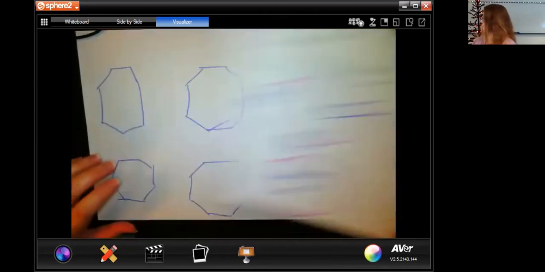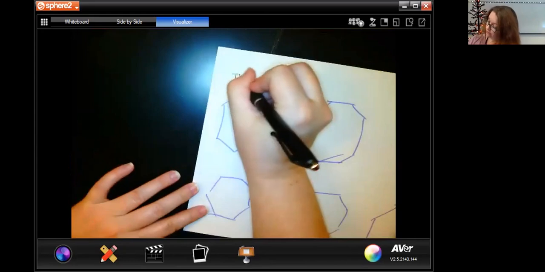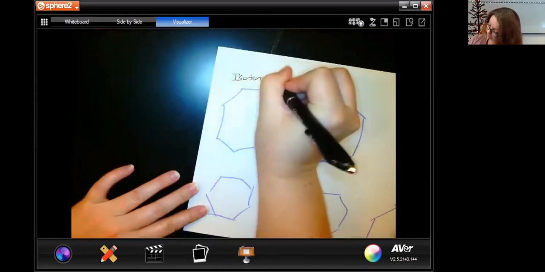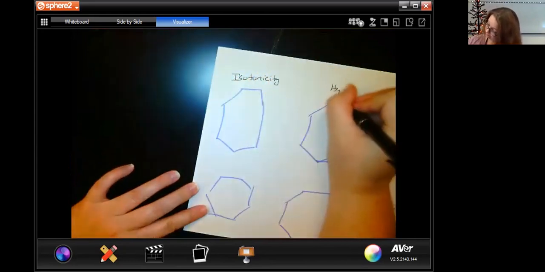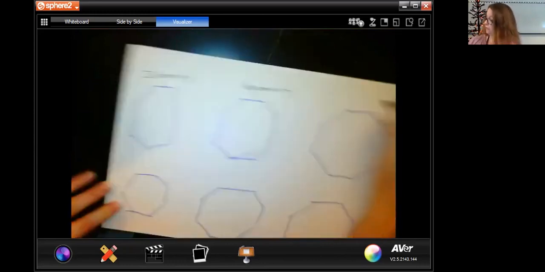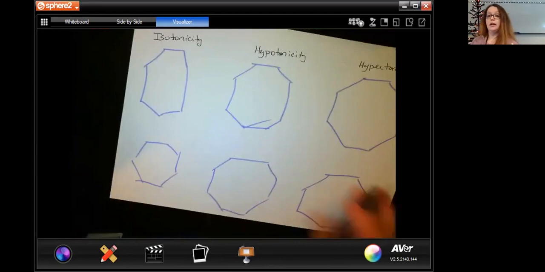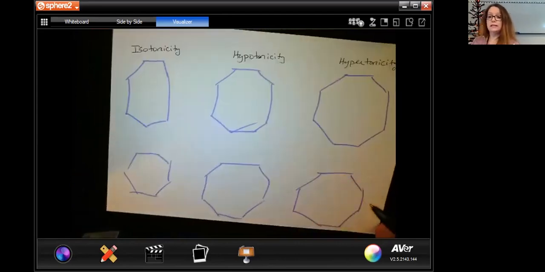Plant cells have a cell wall. I'm sorry for my atrocious handwriting. It used to be better, but now it is what it is. What this means is the cell size never changes.